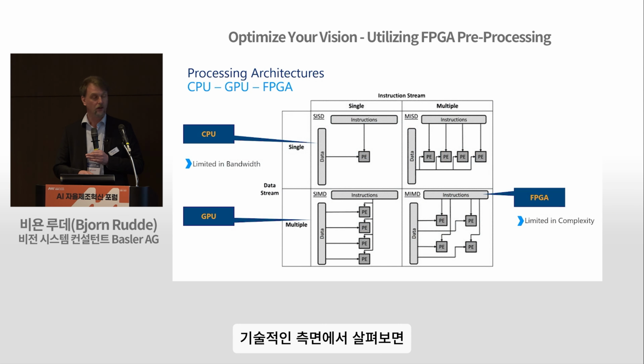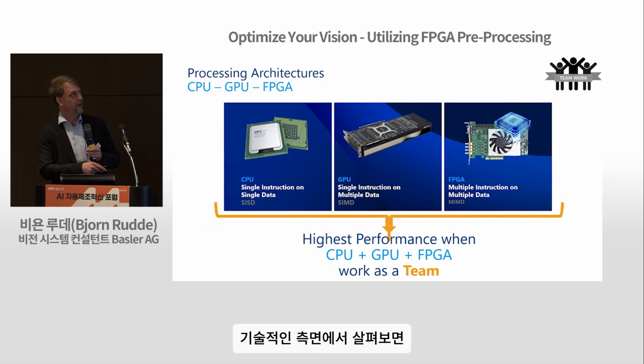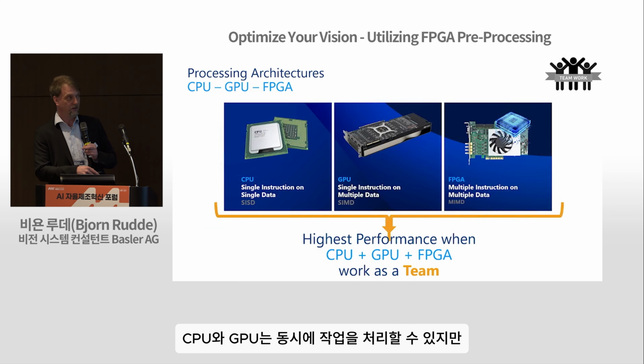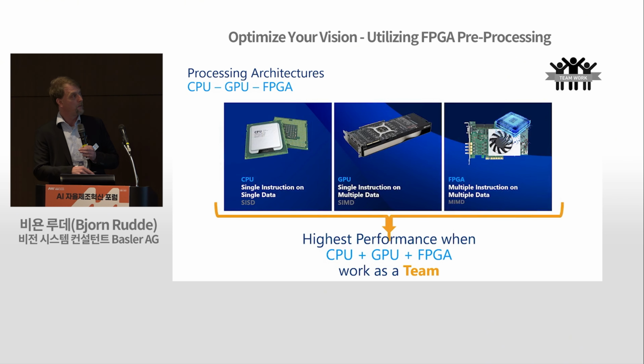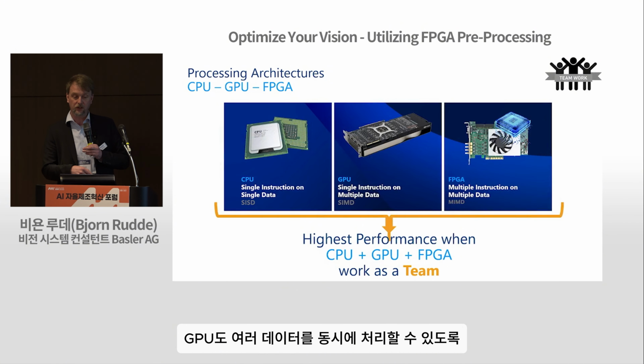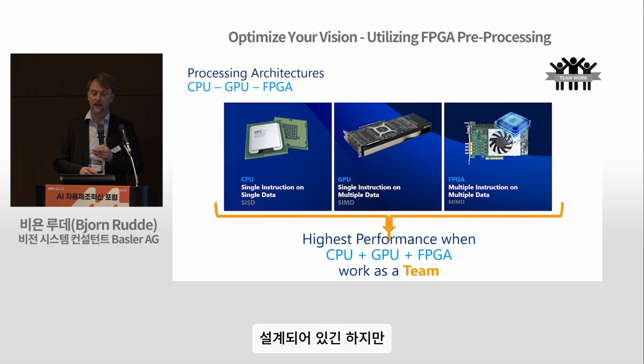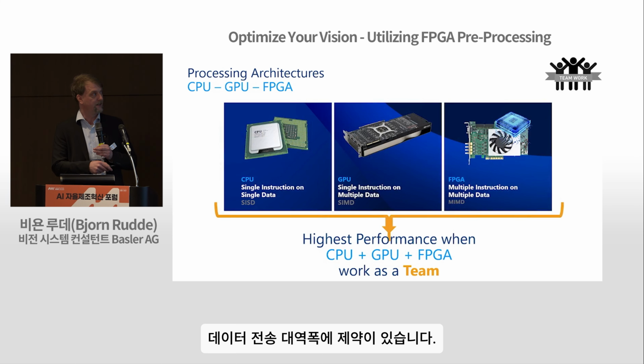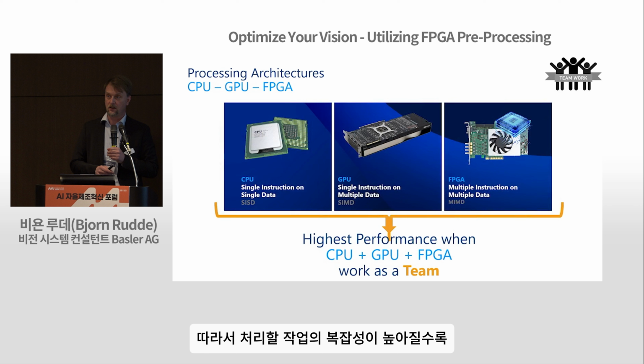So when we go into the technical background, we see that the CPU and the GPU at the same time, they can work, but they can only work on a single instruction on single data. Or at the GPU side, you can also go for multiple data. But on the left side, it's limited in the bandwidth. So the more complex the task becomes, the lower the throughput in that case normally.